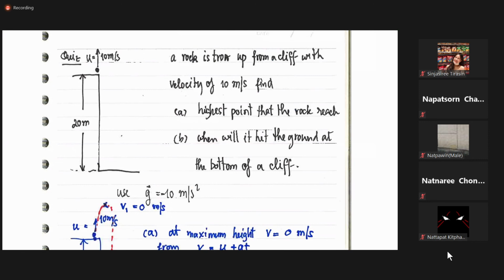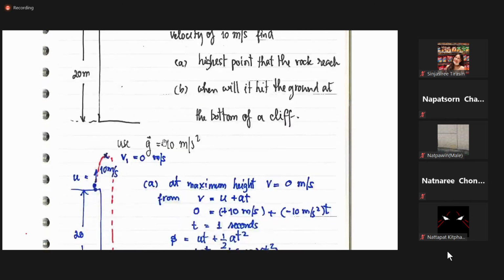The quiz said that a rock is thrown up from a cliff with a velocity of 10 meters per second. Find the highest point that the rock reached, and when will it hit the ground at the bottom of the cliff? So this is a very simple question about gravity. It also said to use gravity equal to minus 10 meters per second squared.